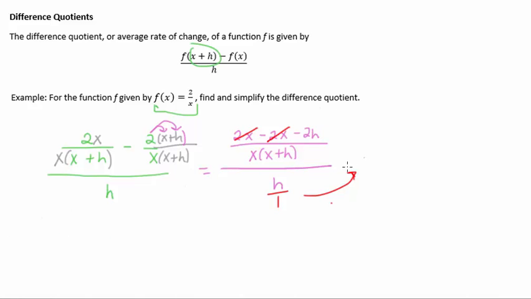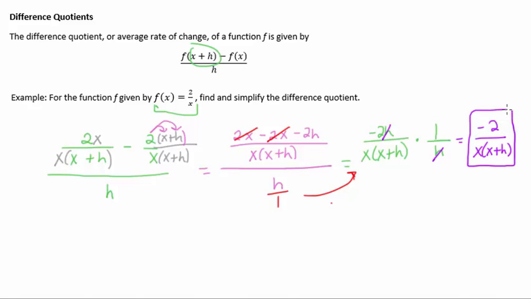So that means I'm going to have negative 2h over x times x plus h times 1 over h. And that gives us the h's canceling out, so that I have negative 2 over x times x plus h. And that's all I can do. So now I'm done.